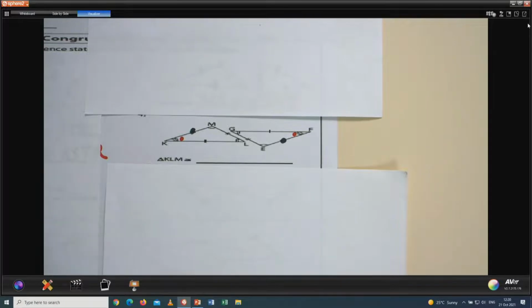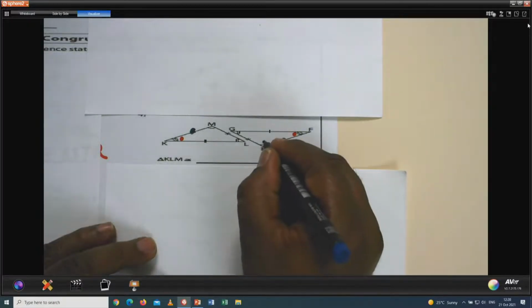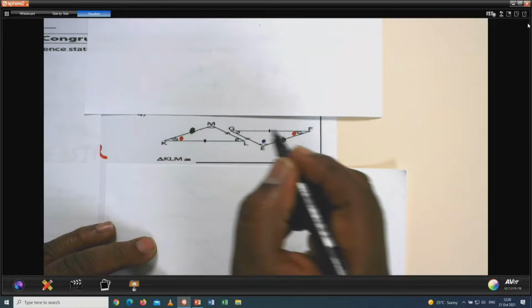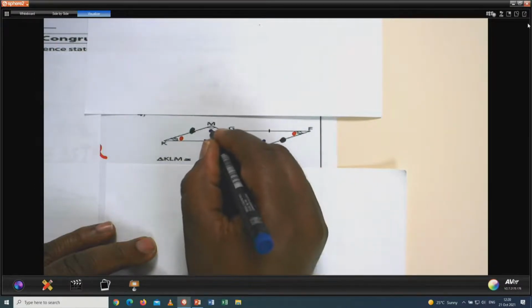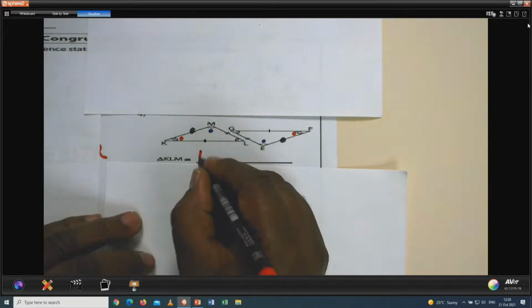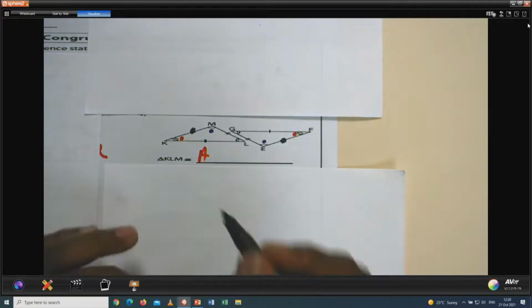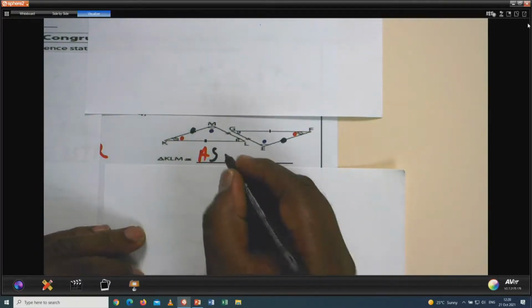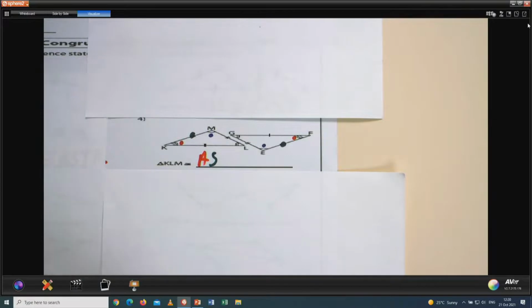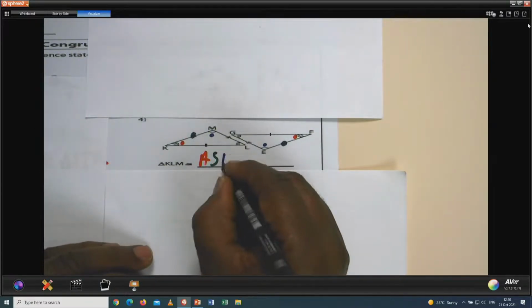I see an angle and an angle. Right. Therefore, it's angle, side, angle. That's what you have. Angle, side, and of course, angle.